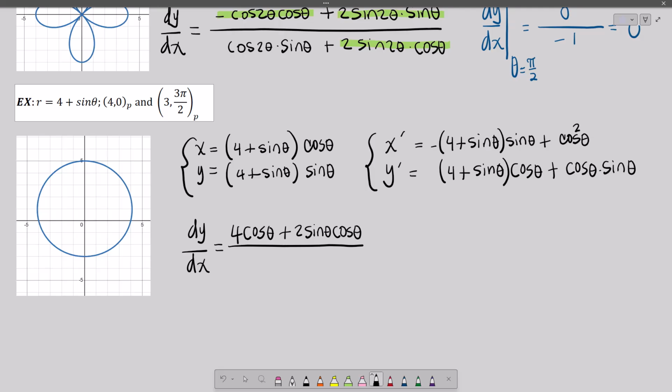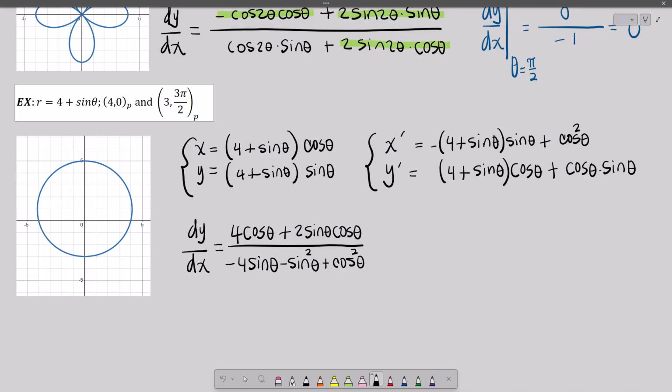Up here, we're going to have minus 4 sine of theta, and then minus sine squared plus cosine squared. All right, so we have that.